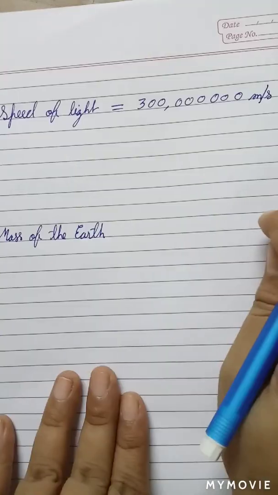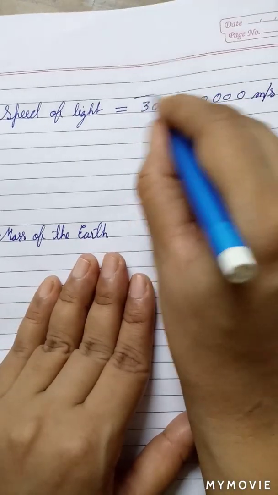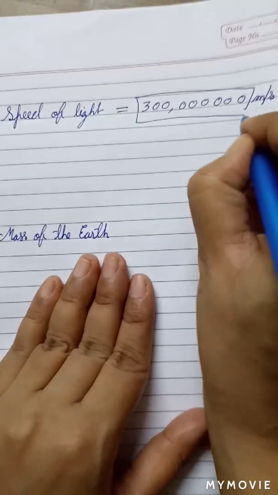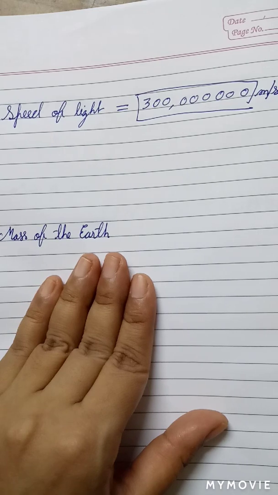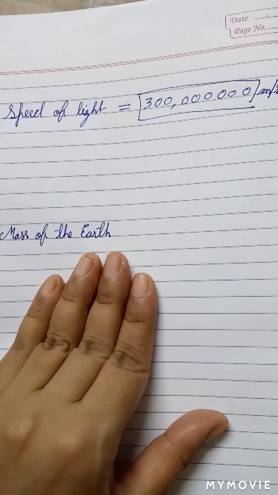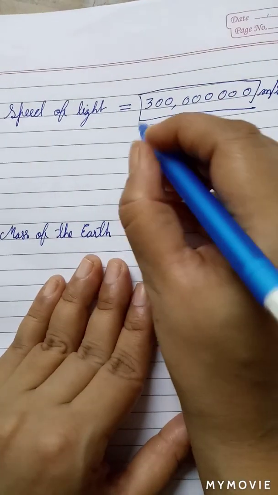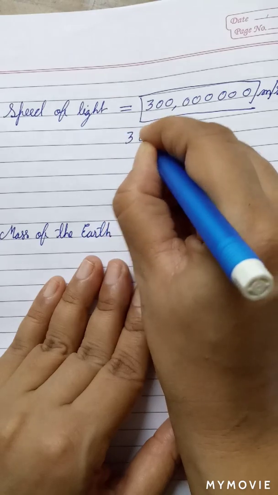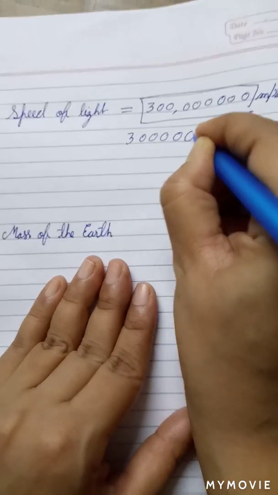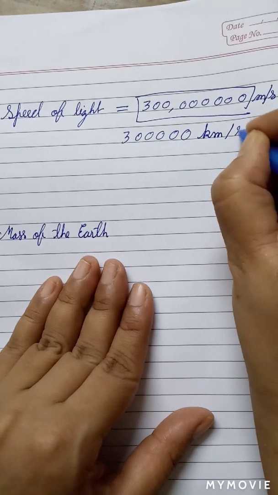We know that this number is quite big, but we can still comprehend it. It's not very easy to present, but we can still understand it. It's not that hard. We can convert it into 3 lakh kilometers per second. That way it becomes readable and presentable as well.